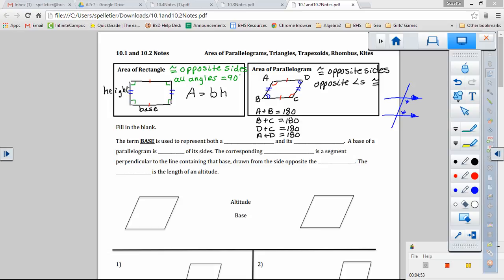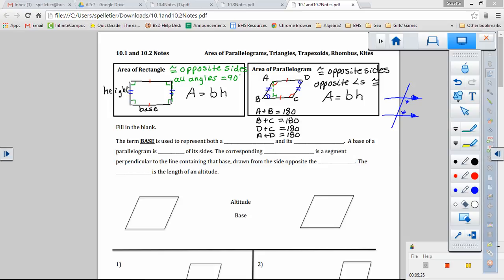So how do you find the area of a parallelogram? It's the same exact formula as the rectangle, area equals base times height. Here's the problem. The height of a parallelogram or of any figure is the shortest distance between its top and its bottom. If we look back at the rectangle, the shortest distance from its top to its bottom is in fact the side of the figure.